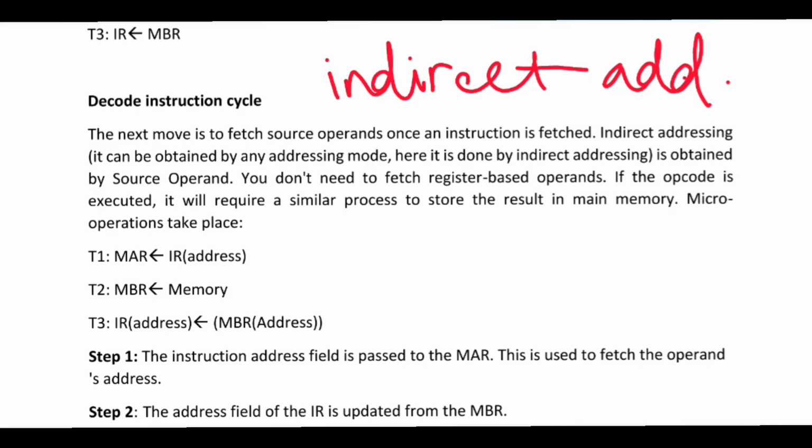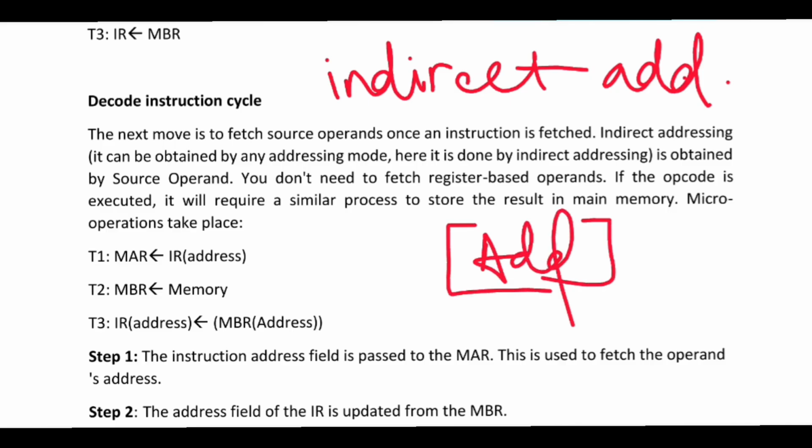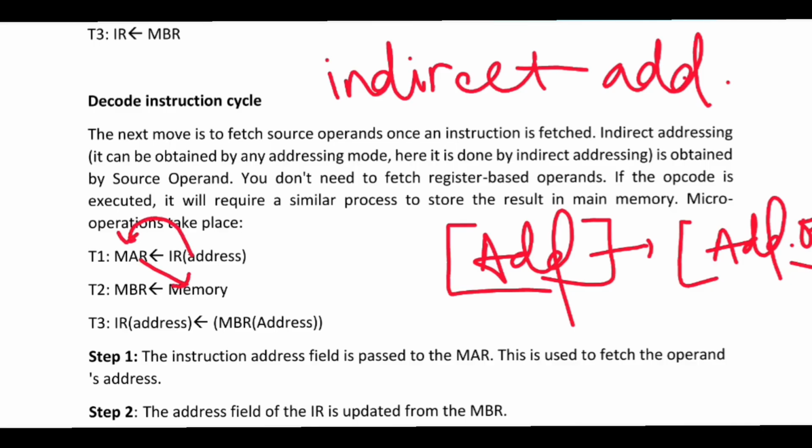That means first an address, and inside this address we will get the address of the operand. Okay, is it clear? From the instruction, the address goes to the memory address register, then to memory, then to the memory buffer register, and here in the memory buffer register we get this address of the operand.